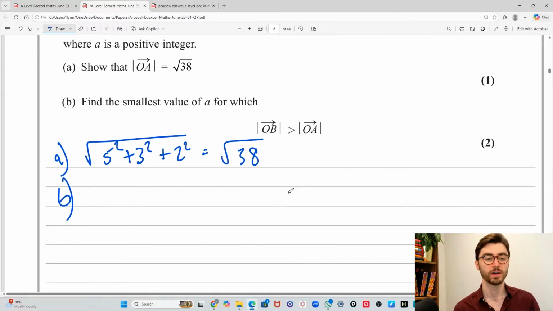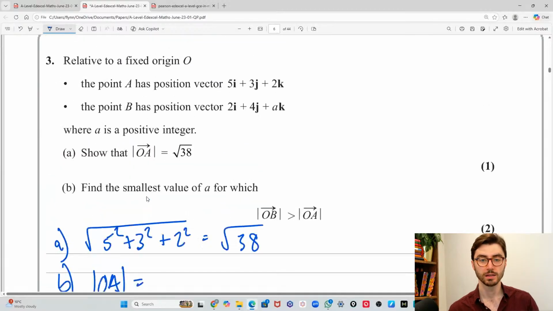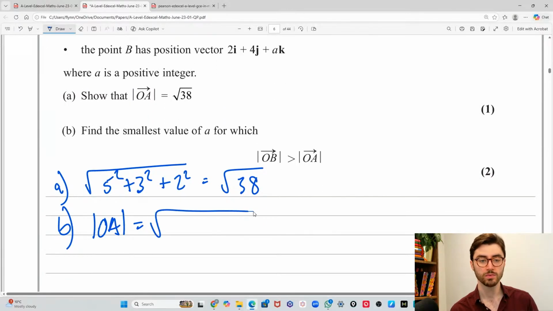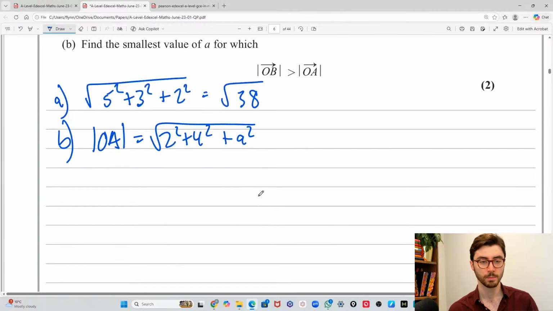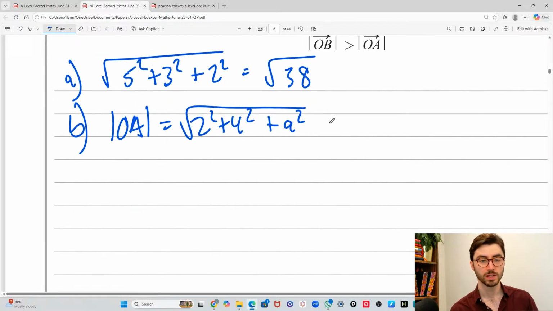Find the smallest value of A for which the magnitude of OB is bigger than the magnitude of OA. Well, let's find the magnitude of OA. So the magnitude of OA is the square root of 2 squared plus 4 squared plus A squared, which is the root of A squared plus 16 plus 4, let's say 20.